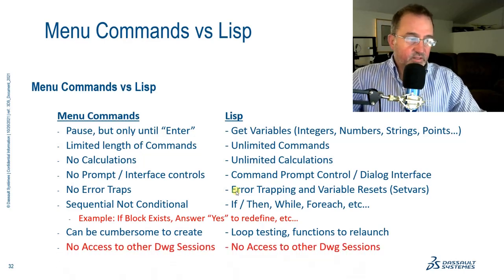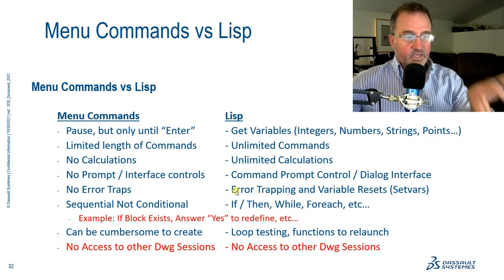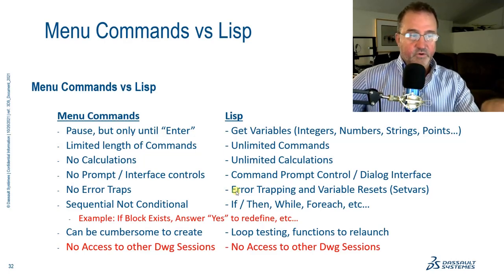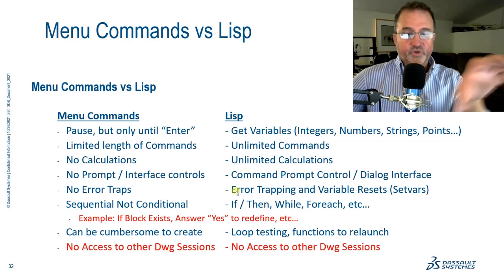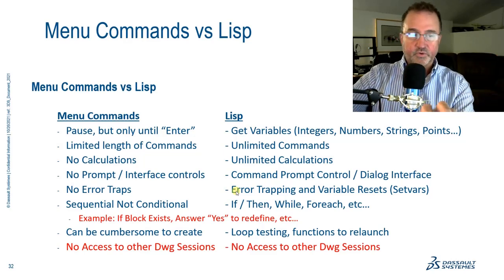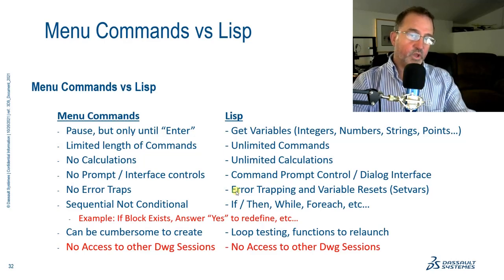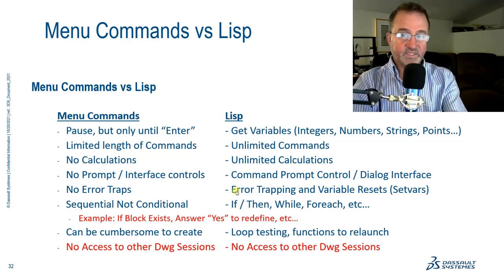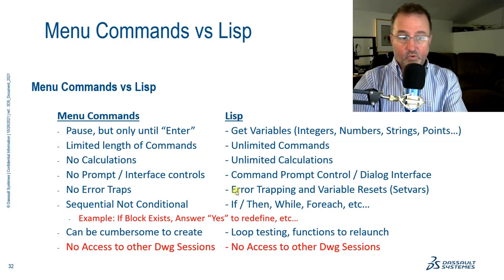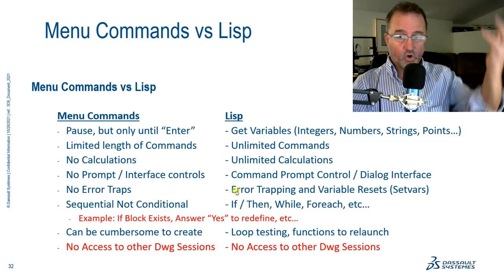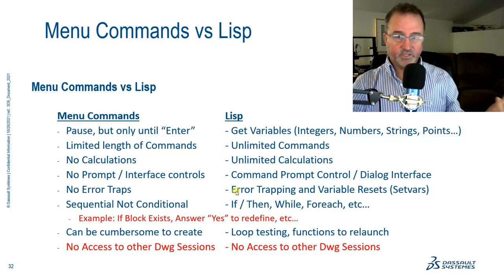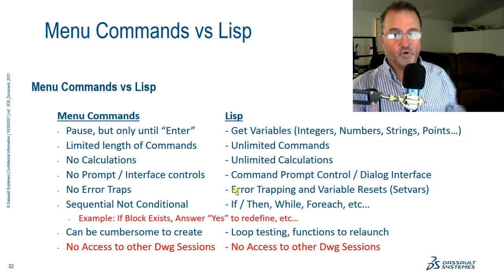Now, there is one thing that neither Lisp nor a menu macro can do, and that is open a drawing and then continue to do a series of commands inside of that new drawing. When you go into a brand new drawing session in DraftSight or other CAD programs, all of the Lisp data, that is all the variables, all the values, all the things that currently exist, get flushed out and they all go away.